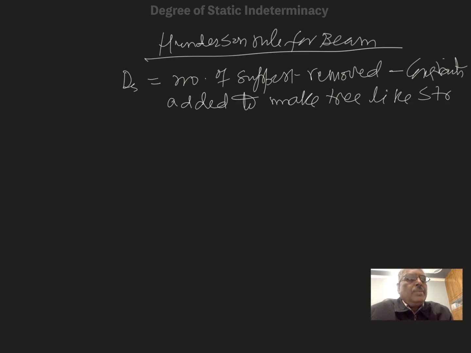So ds is the number of supports removed minus constraints added to make a tree-like structure.